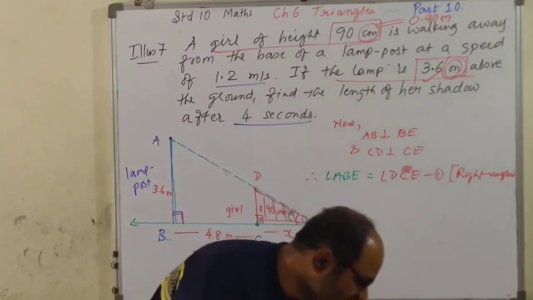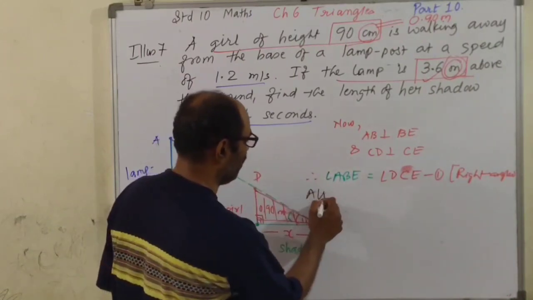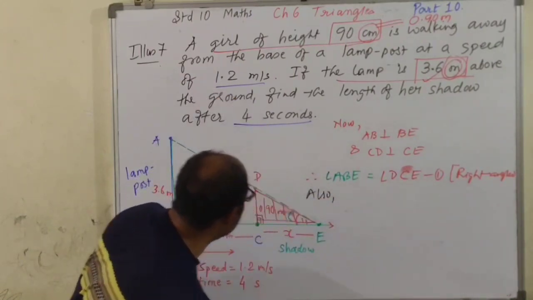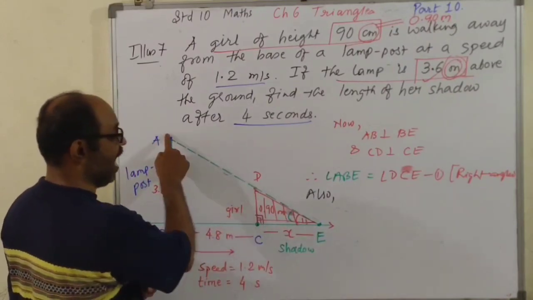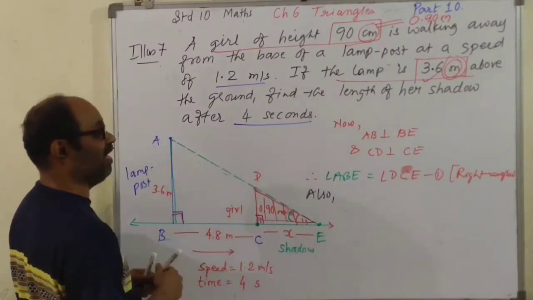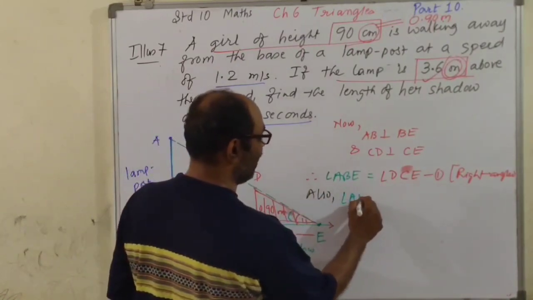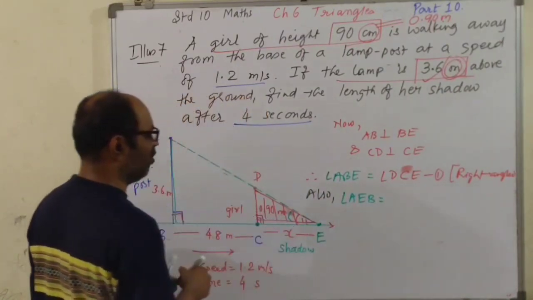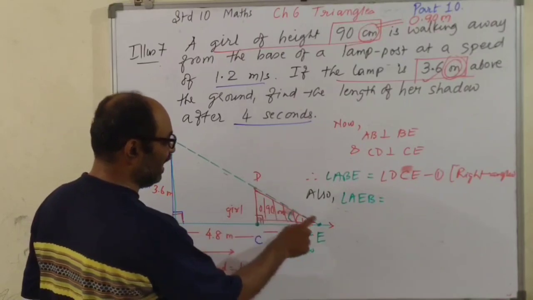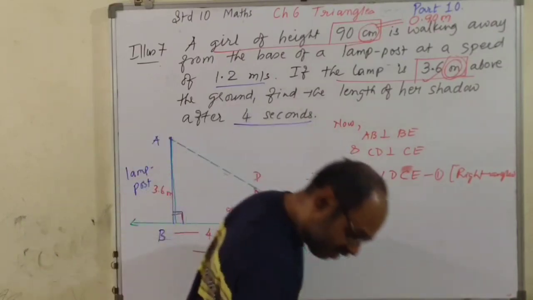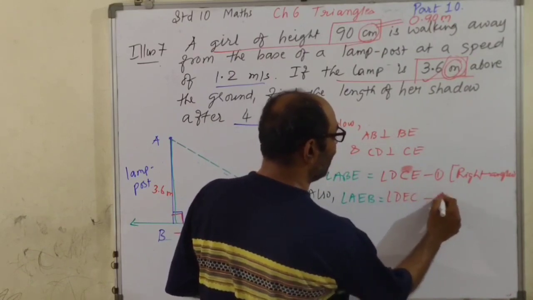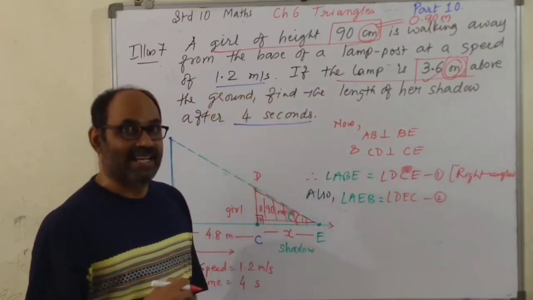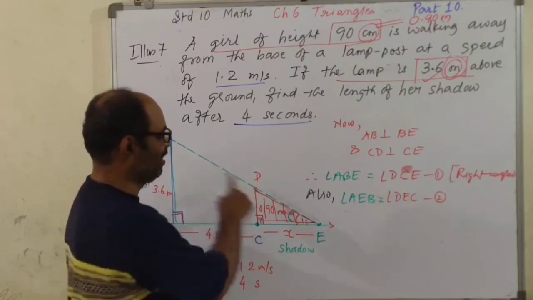Also, बोलो कौन सा ग्रीन एंगल? AEB, that is green. Angle AEB is equal to angle DEC, the red one. Result 2. You may write common angles. It's one and the same.